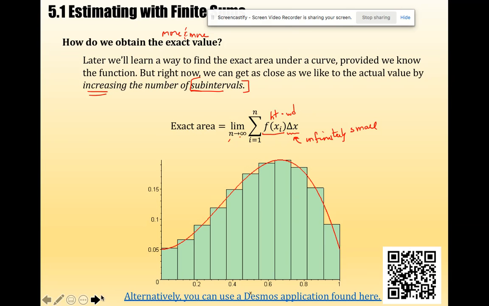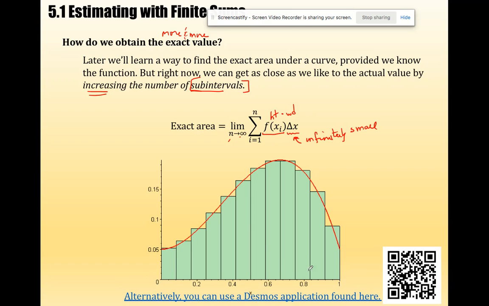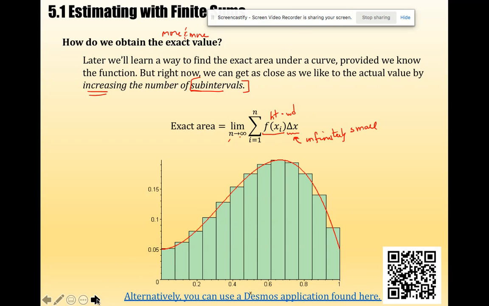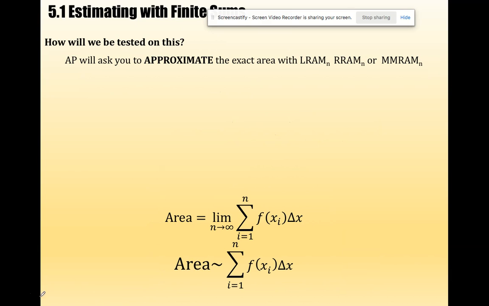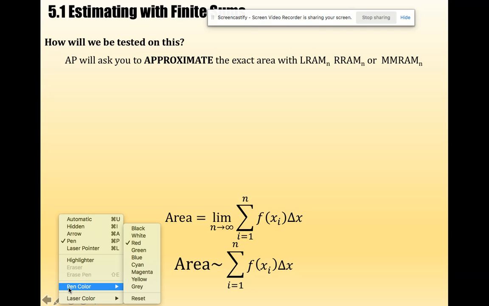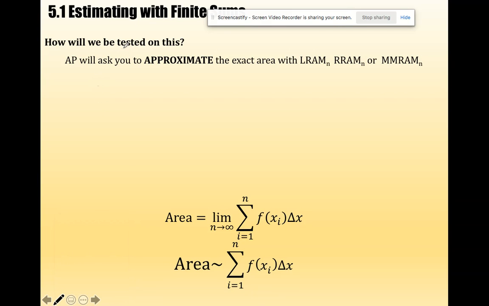And AP is not going to test you on the final answer. They're going to test you on the setup. So it doesn't really matter if you have a program on your calculator when you're taking the test. So how will you be tested by AP and by us? You are going to be asked to approximate, even after you know how to find the exact. You're going to be asked to approximate the area with LRAM, RRAM, or MRAM.